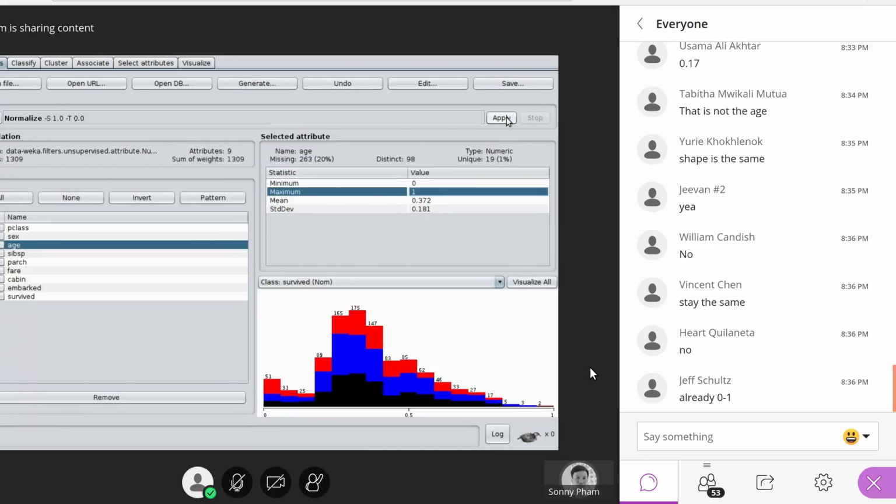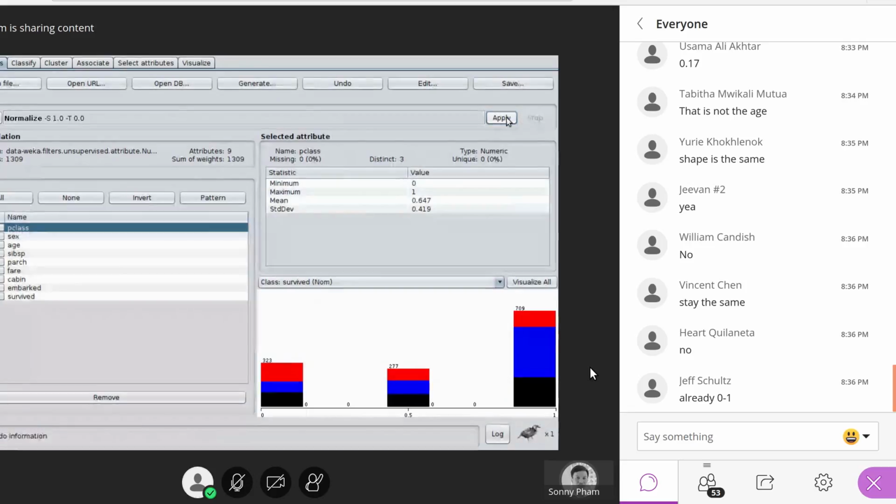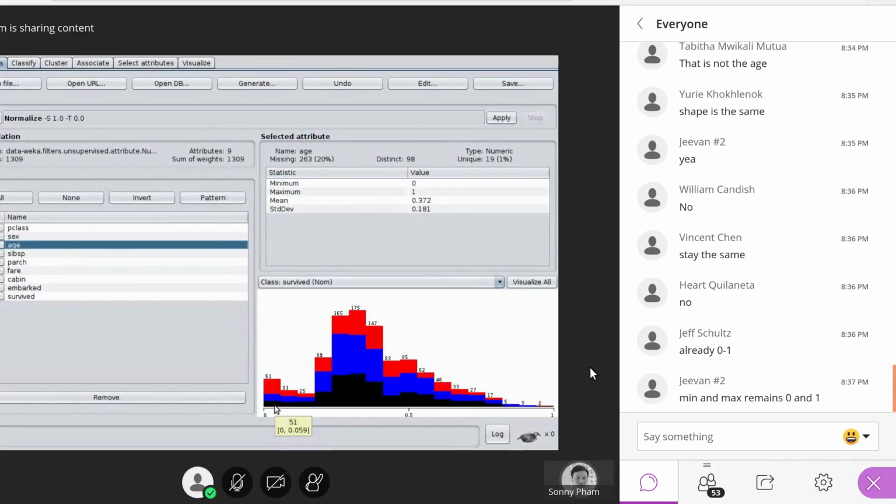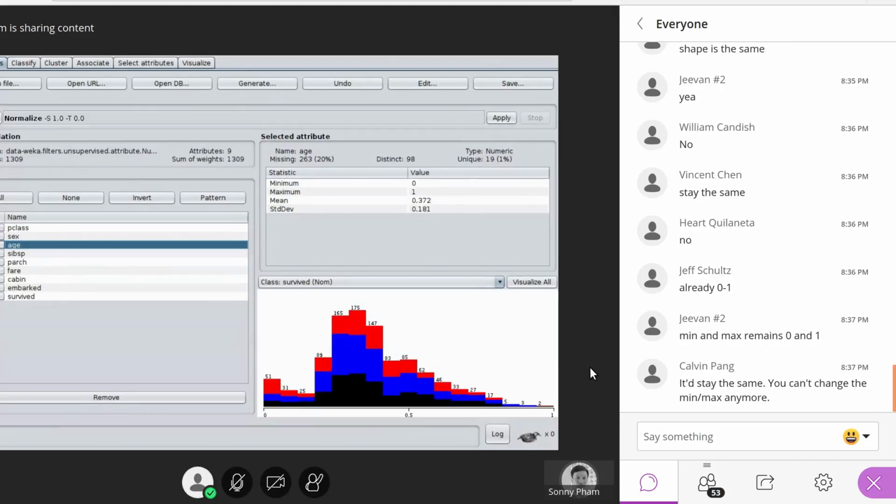Yes, it's already 0, 1. So if you click apply again, maybe 10 times, and look at that again, it's still 0 and 1, because when we have normalized the attribute, by definition, you can look at the formula and find that they're actually the same. So that's another important property of normalization.